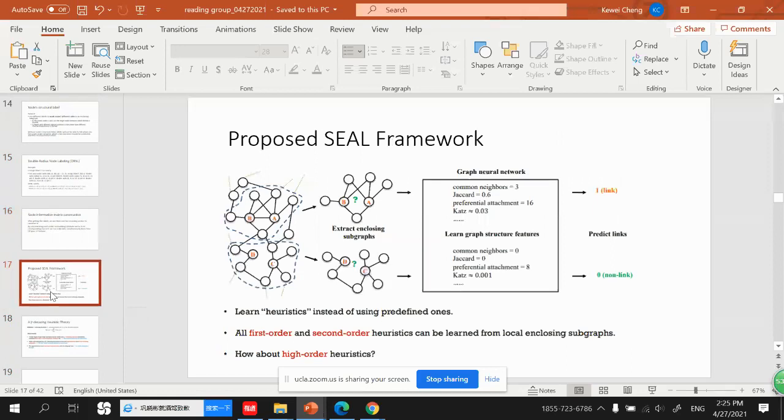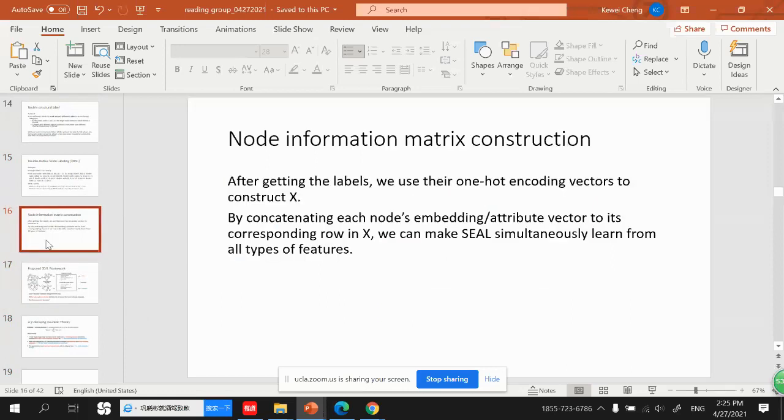And then with this node information of each node in the extracted enclosing graph, we can apply a GNN to learn the embedding, or to update the embedding, of each node in this enclosing graph.